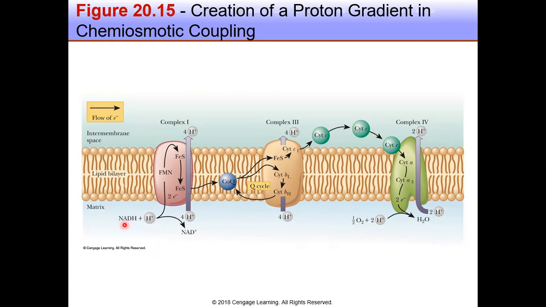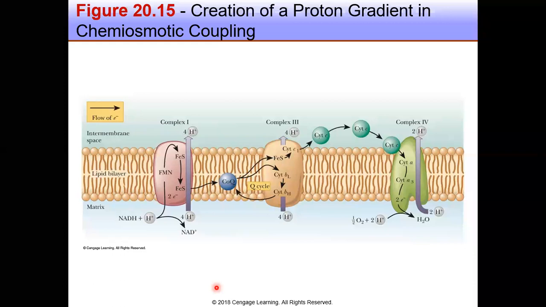Now, as a result of transport of electrons from NADH to FMN to iron-sulfur, 4 protons are pumped out of the matrix. Notice that the number of protons is a controversy, but this figure shows us an estimate for each complex.